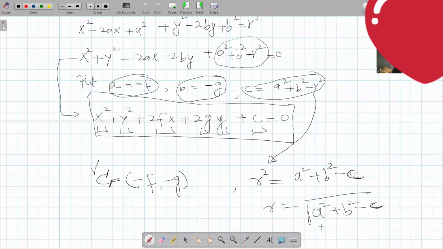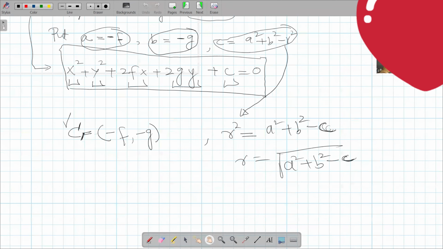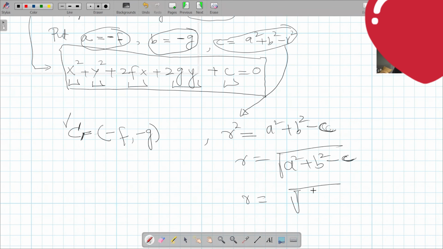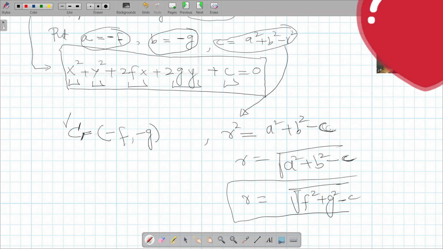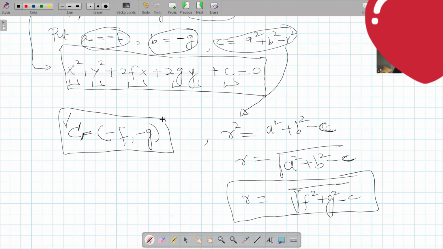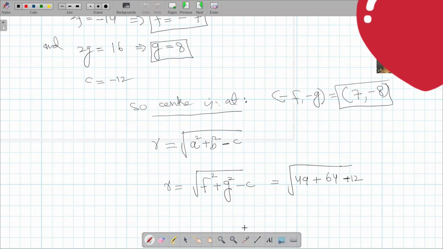I should have further simplified this formula by putting a equal to negative f and b equal to negative g. So radius is in terms of f and g, and center is also in terms of f and g. If you know f and g, you can calculate center and radius both. You can write them directly, actually. So this was the first method of solving this problem.